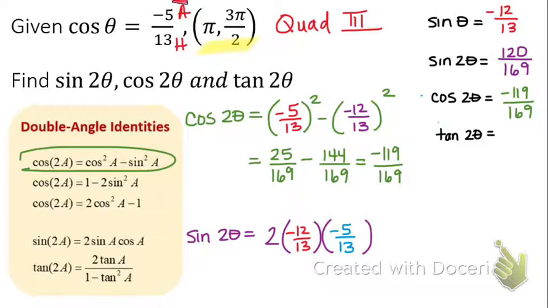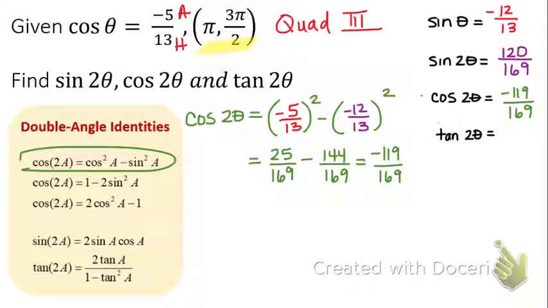Opposite is 12 and adjacent is 5, so my tangent is 12 over 5. Is that positive or negative? In quadrant 3, is tangent positive or negative? Positive. So we're going to keep that positive.